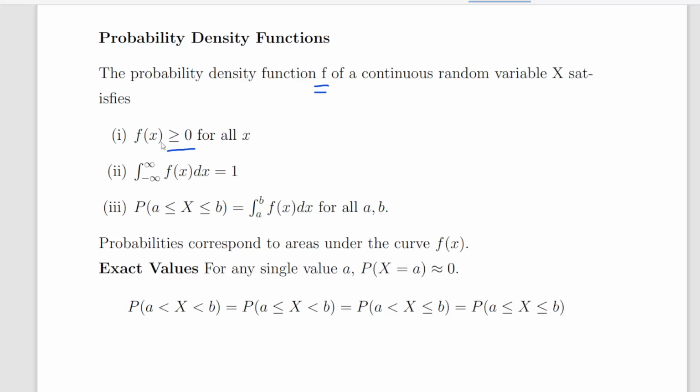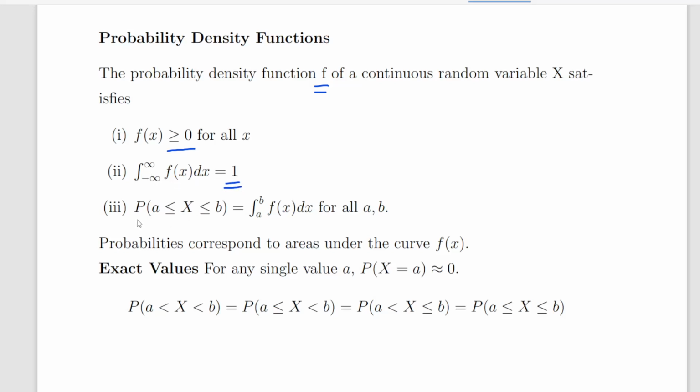So it can take the value 0 in certain regions. We won't be particularly interested in them, but it's mathematically plausible and viable. Now, between the upper and lower limits of integration, usually denoted in the maximum case minus infinity to infinity, the density function, when we integrate that with respect to dx, is equal to 1.